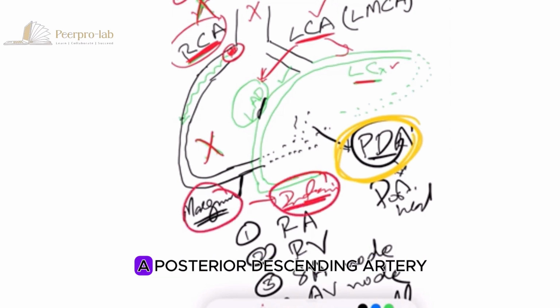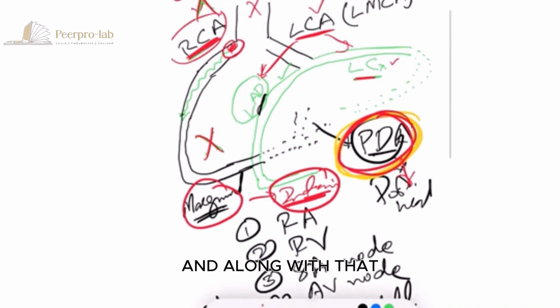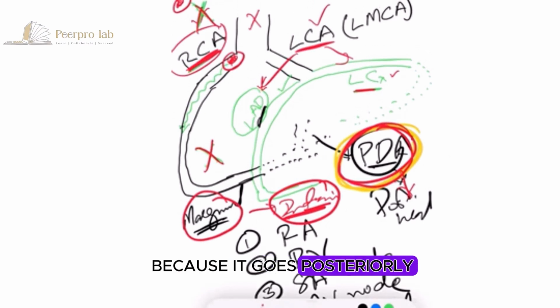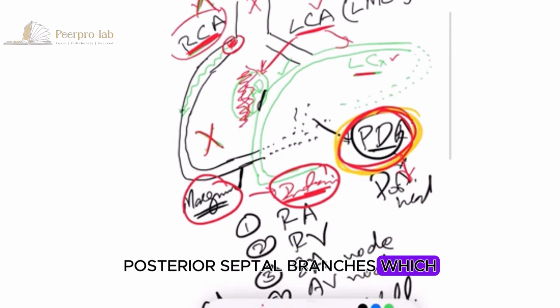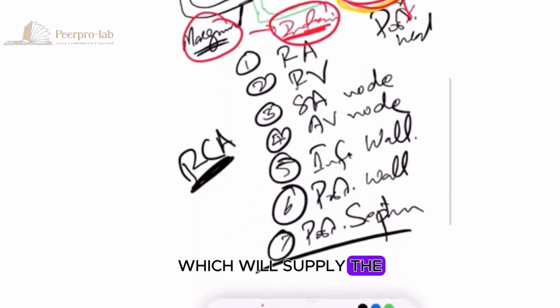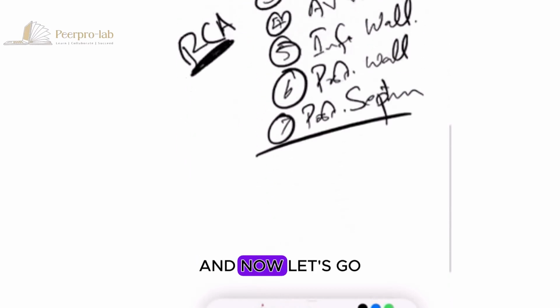Then it continues as the posterior descending artery, which supplies the posterior wall of the heart, and because it goes posteriorly, it gives off posterior septal branches which supply the posterior part of the septum.